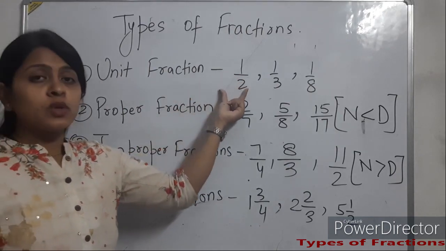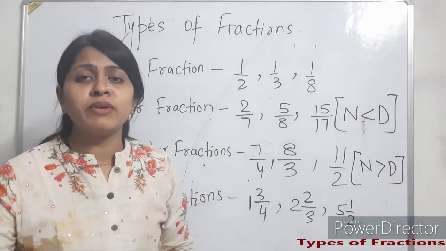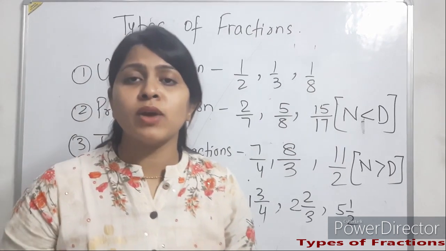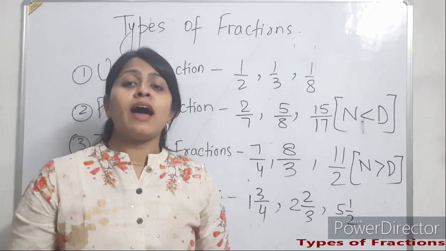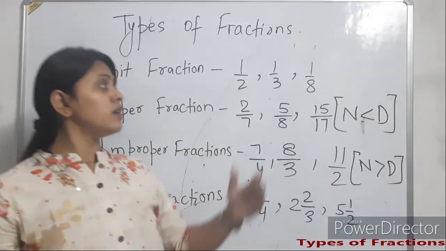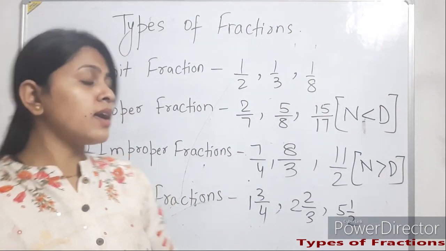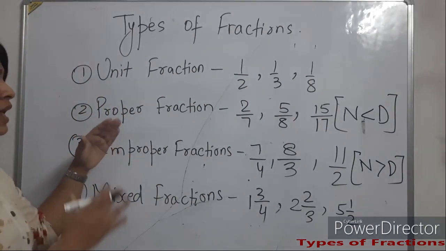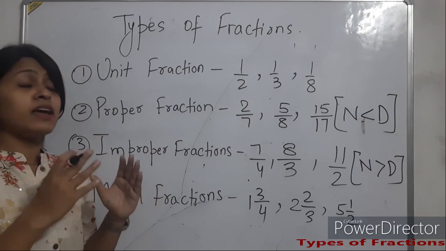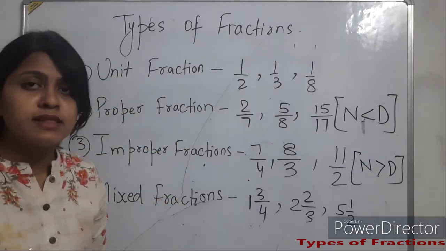Like 1 by 2, 1 by 3, 1 by 8, 1 by 15, 1 by 23. Any fraction having the numerator 1 is called a unit fraction. So easy. I have just briefly explained; in short, I am explaining every type in detail also.